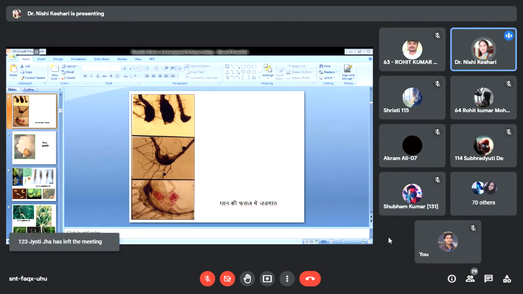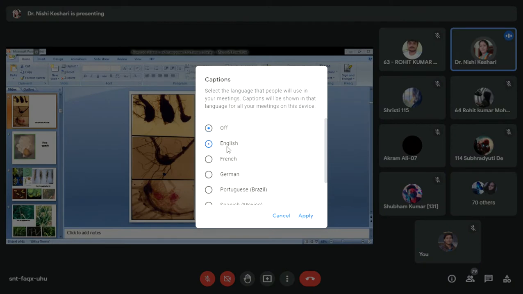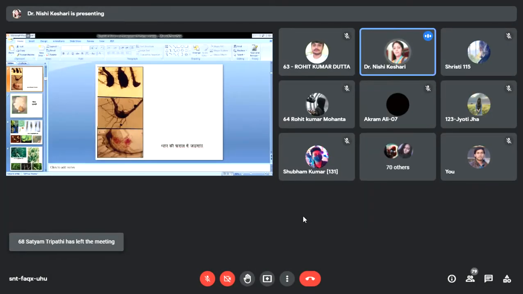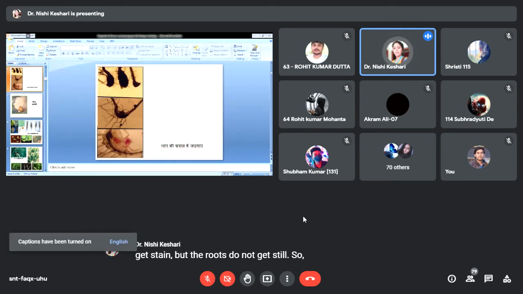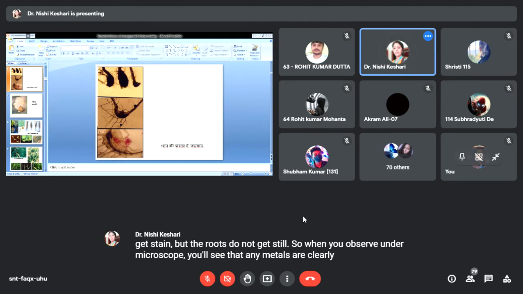So when you boil the root with this chemical, we just add 1% of this acid fuchsin powder, and that retains the color. After that, when you clear it in pure lactophenol, nematodes get stained, but the roots do not get stained. So when you observe under the microscope, you will see that the nematodes are clearly visible, and these are the eggs.